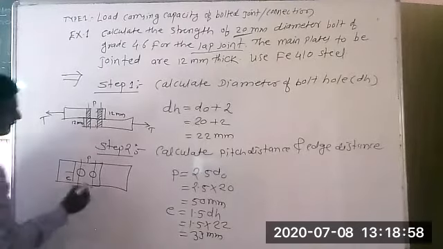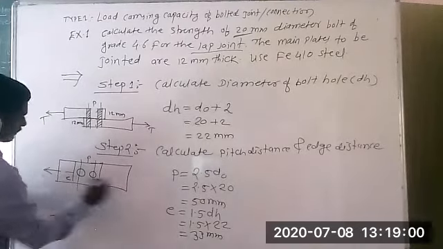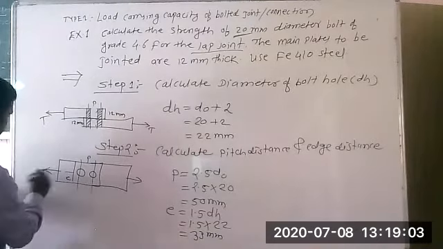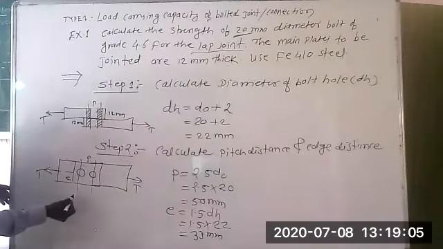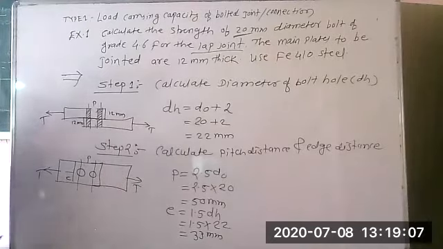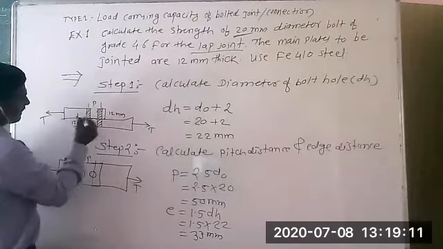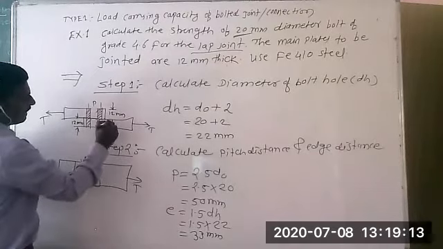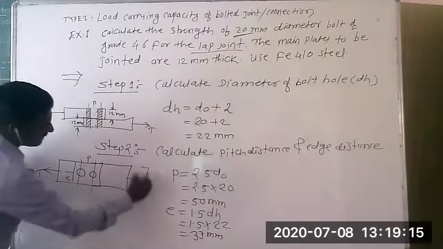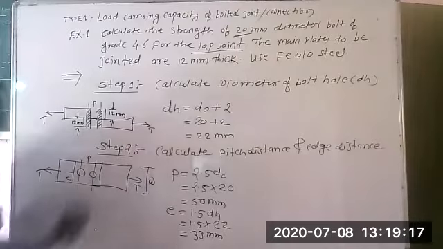Are you getting? This is in the plan and this is in the side elevation. In side elevation, we can see the thicknesses, and in plan, we can see the width of the plate.